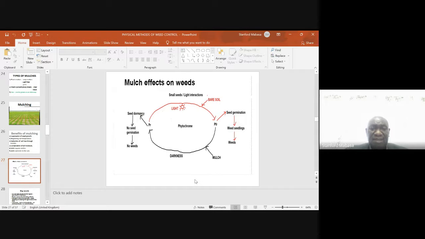Then the seed germination will result in weed seedlings. Then we will have weeds. This is how mulching can regulate weed seedling emergence.